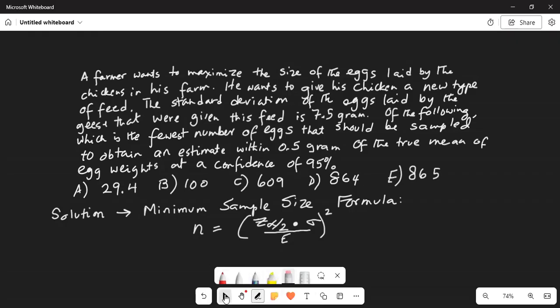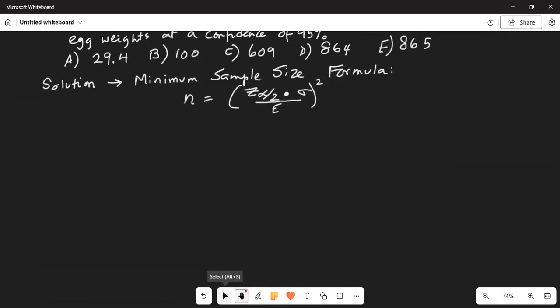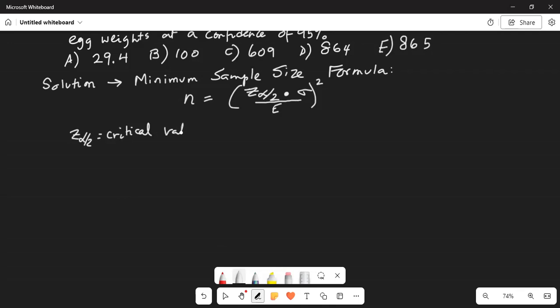So if I create some space, Z alpha by 2 is the critical value of Z. Critical value of Z for 1 minus alpha percent level of confidence.